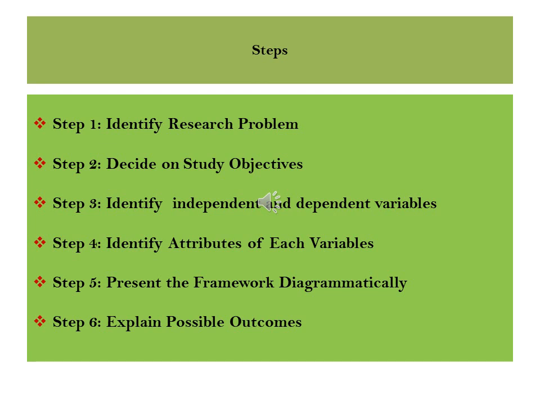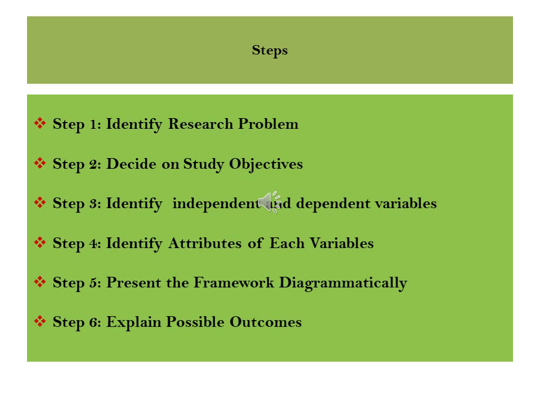Number four, you identify the attributes of each variable. In other words, each of the independent and dependent variables in the study must have certain attributes so that we divide each independent variable into their constituent parts, the small issues, the narrow issues that we will be examining and which will constitute that particular independent variable. The step 5, we present the framework diagrammatically.